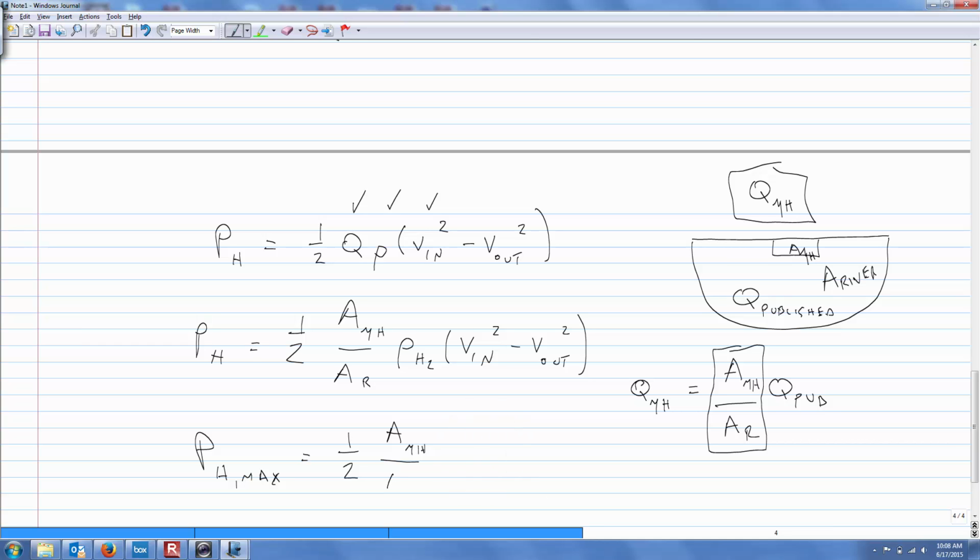And then area of the river, we'll do our best at estimating that. We'll have the density of the water, H2O, and then we'll just assume that the V out is 0, and now our V in squared, and that's going to be the max if we were somehow able to take the velocity to 0. There we go.